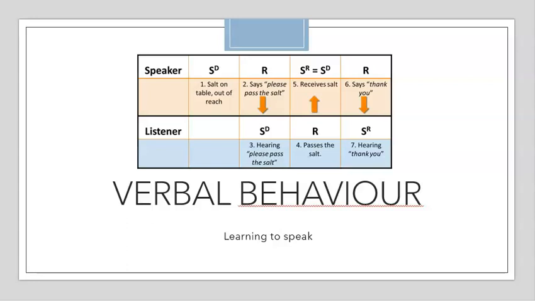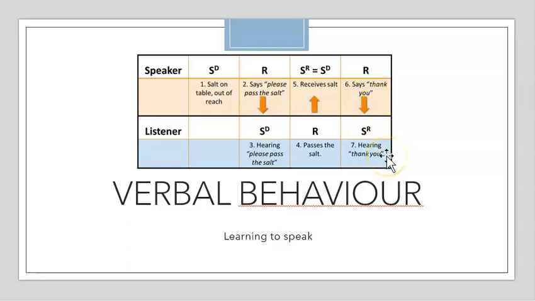We can also use it for asking things and for what we call manners. So if there's salt on the table and they can't reach it, they could say, please pass the salt. The listener hears that and will then pass the salt. Because the speaker received the salt, the response to receiving the salt would be to say thank you.